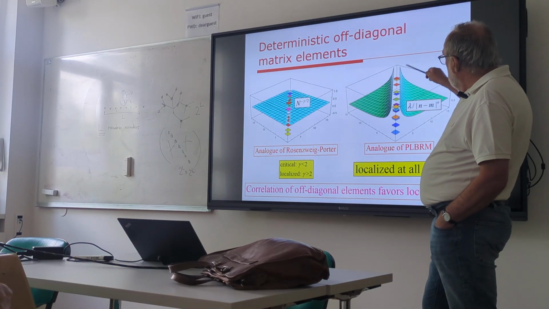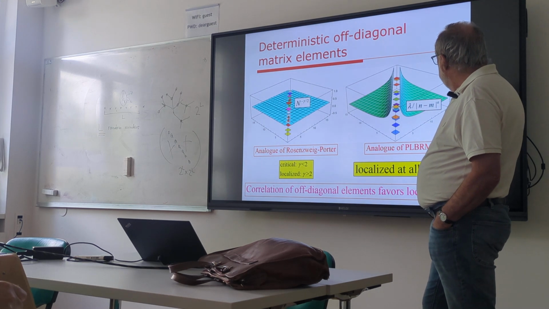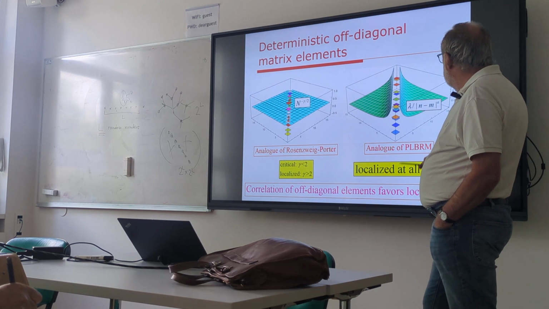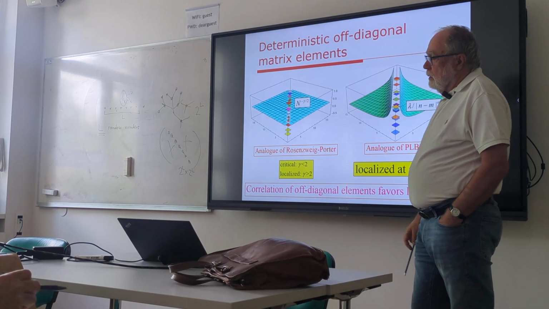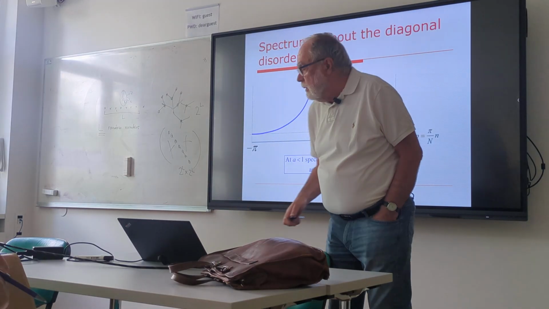If it would be uncorrelated, with diagonal elements of the same typical size, then for a smaller than 1 I would have the delocalized case. But when they are correlated, what happens?